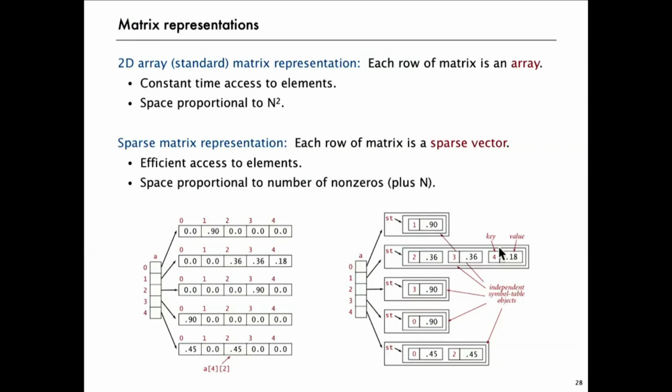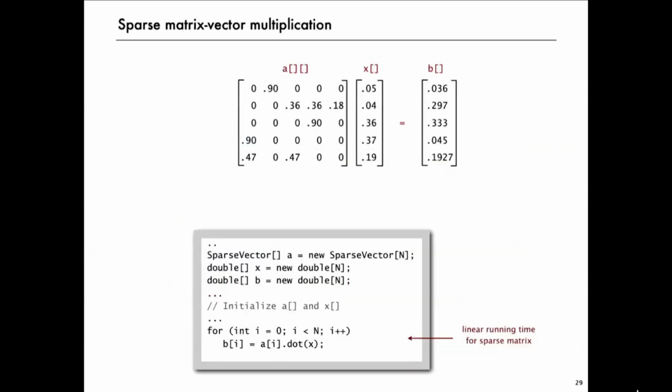We can iterate through the elements in constant time, and with the hash table even get at them in constant time on average. But the space is only proportional to the number of non-zero elements, plus n for the extra symbol table overhead. So those are independent symbol table objects, but they allow us to have a much more efficient matrix multiplication method.